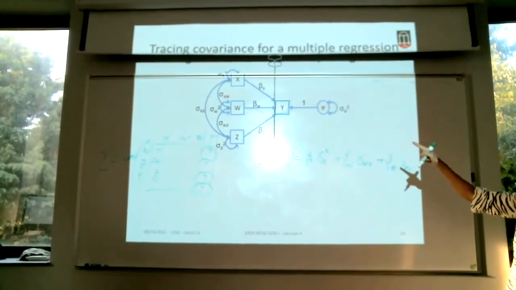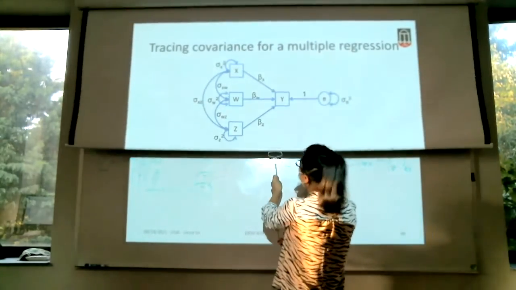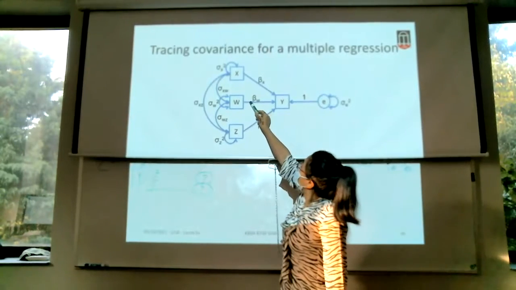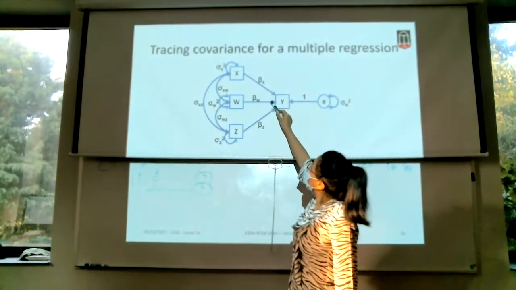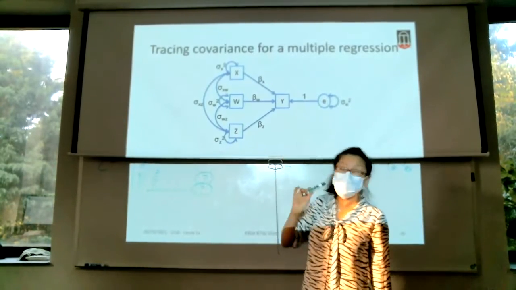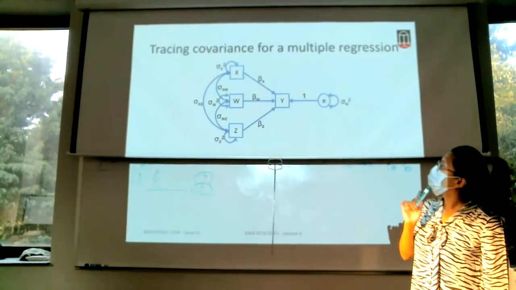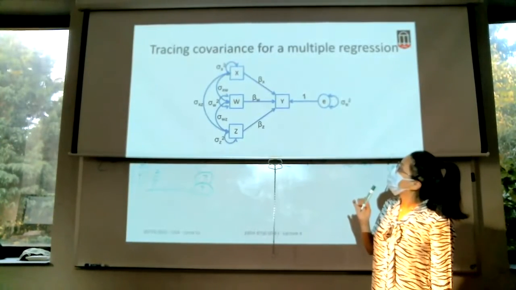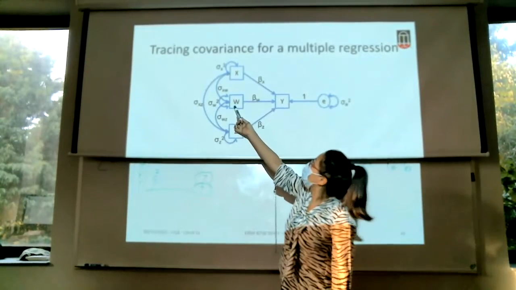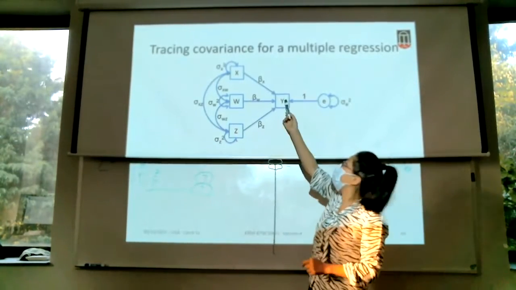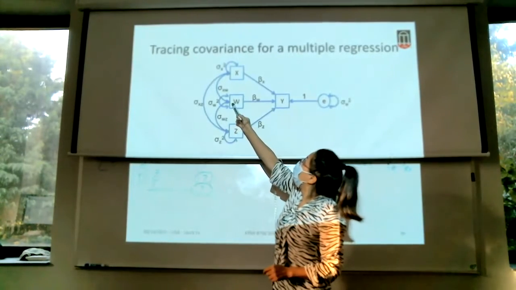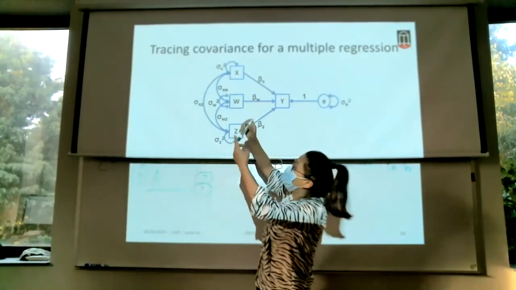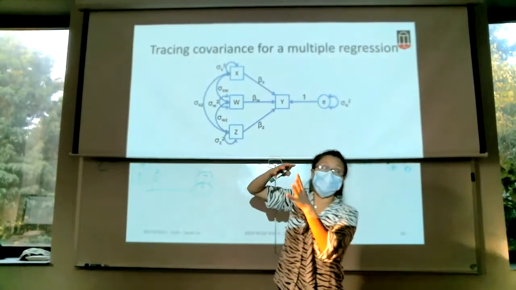Any other component? Maybe beta W times beta Z, incorporating their covariance somehow, maybe the covariance of W and Z. But we have to stop at X. From Z to W to X, but you have to start from Y. So Y to Z to W to X. But you use the double-headed arrow twice: from Z to W we have the covariance between these two, and going to X you have another covariance, a double-headed arrow.